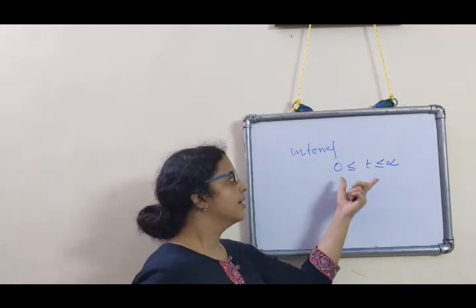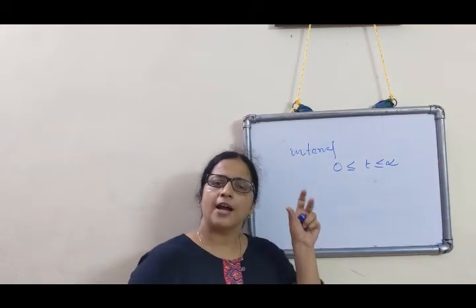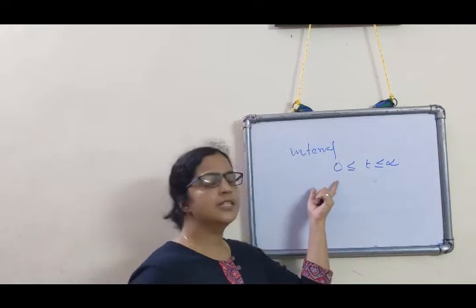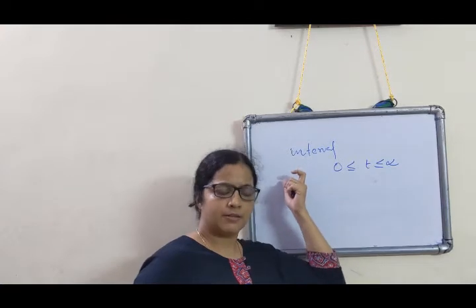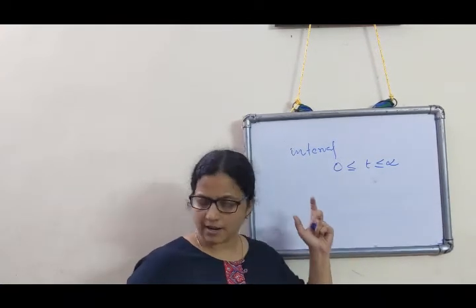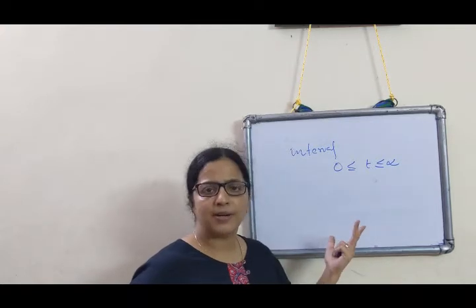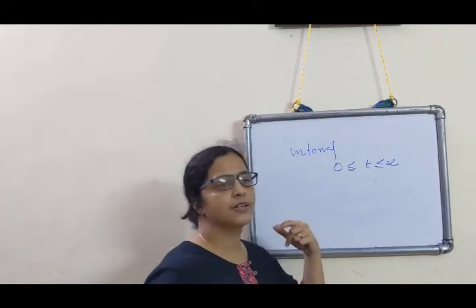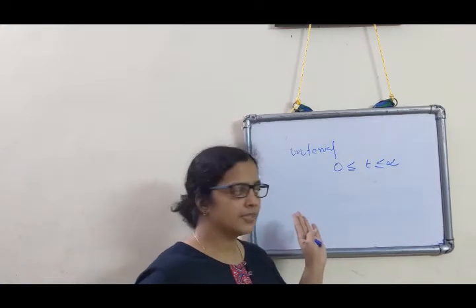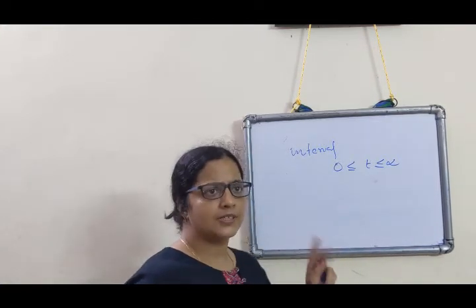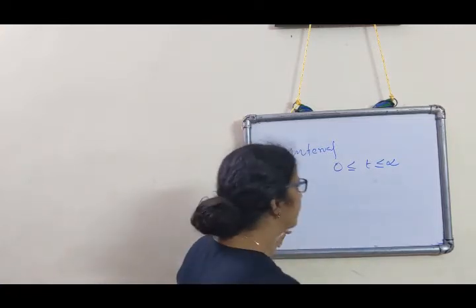That means if you are considering two functions having identical behavior in the range between 0 and infinity, but they are behaving differently in other regions, if we take the Laplace transform of these two functions, they will be the same. So this is one of the limitations of the Laplace transform.